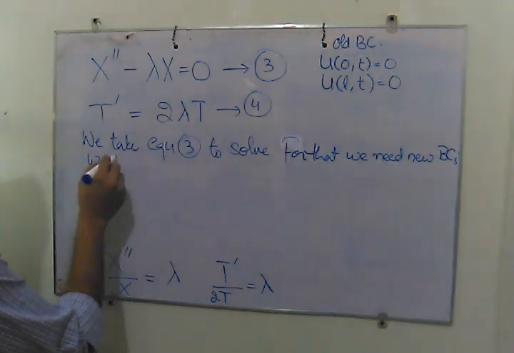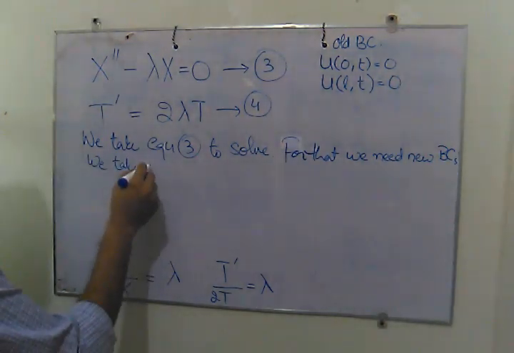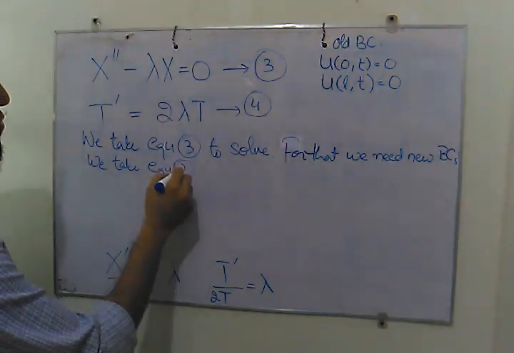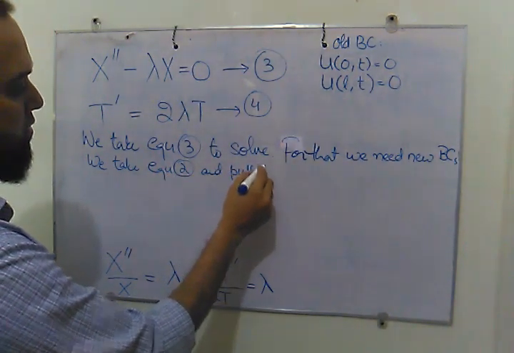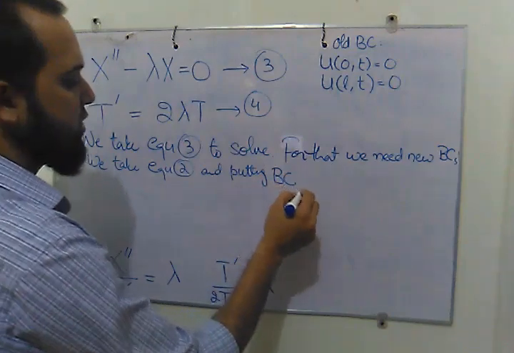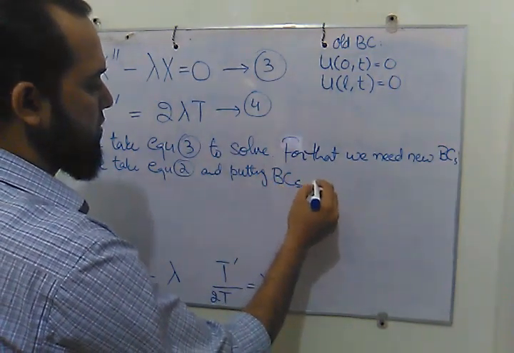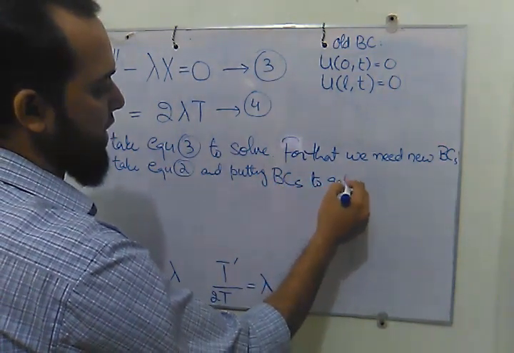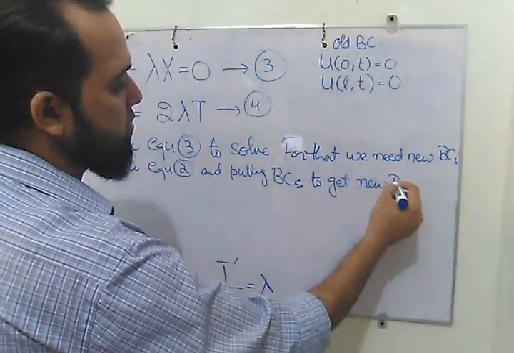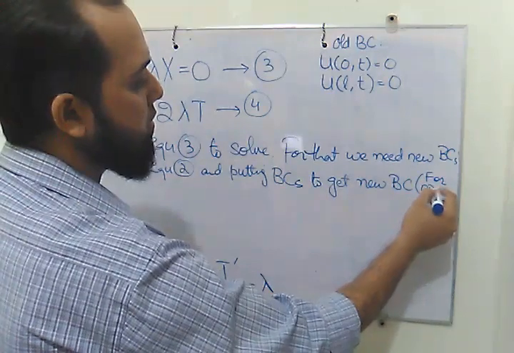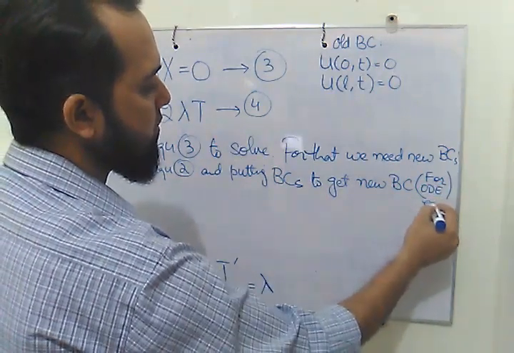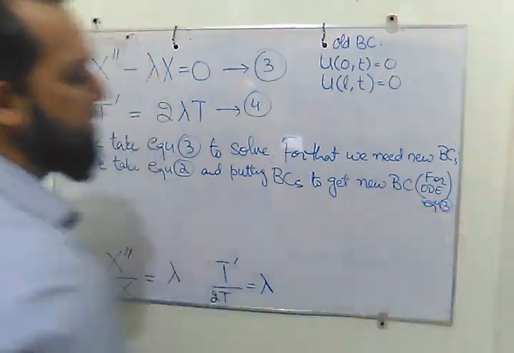We take our assumed solution, which is equation number 2, and put in the boundary conditions to get new boundary conditions for the ODE, which is equation number 3.